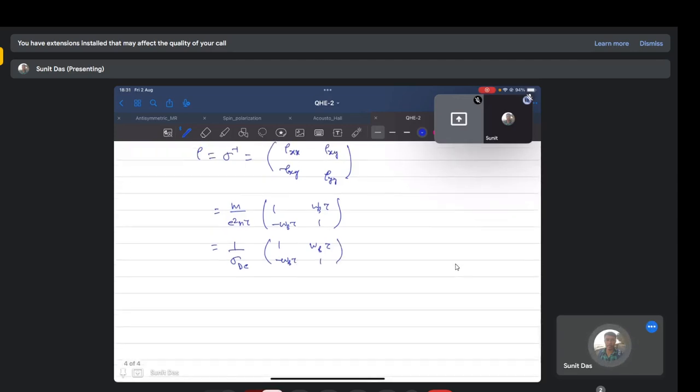So if we want to find rho xx, it is this term and this term. So rho xx is simply sigma dc inverse, and so is rho yy, right? Whereas rho xy is omega b tau by sigma dc.